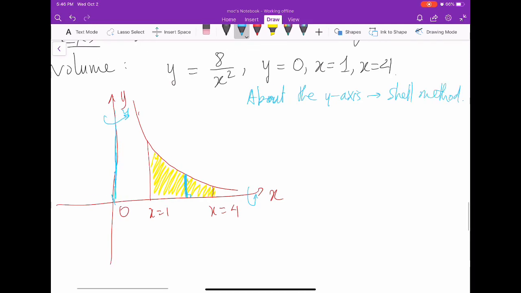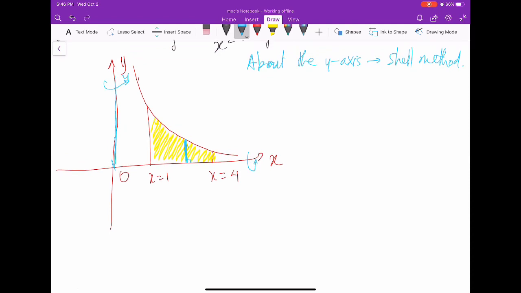Okay, let's do that. For the shell method, we have a formula, right? The volume is equal to 2 pi integral from a to b of p(x) times f(x) dx. What is p(x)?